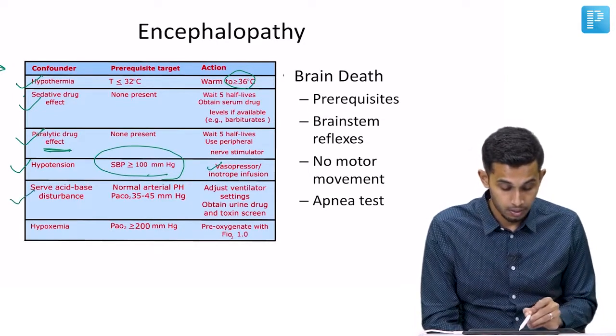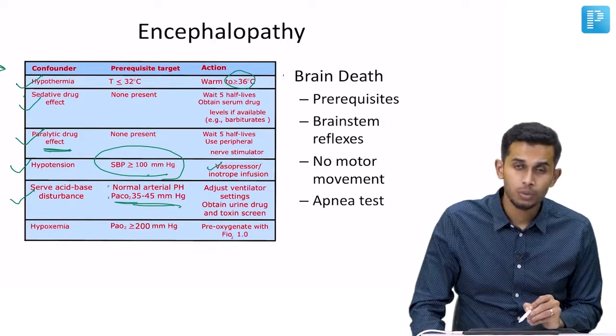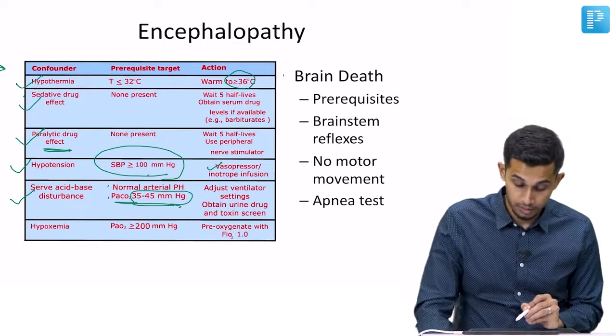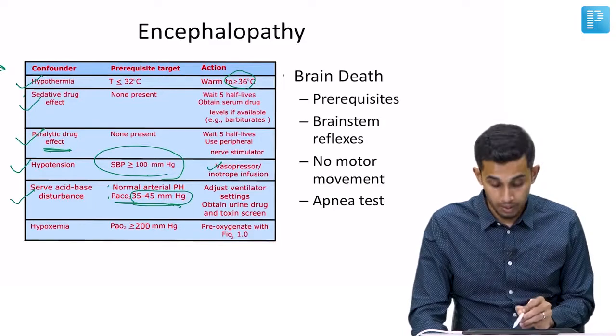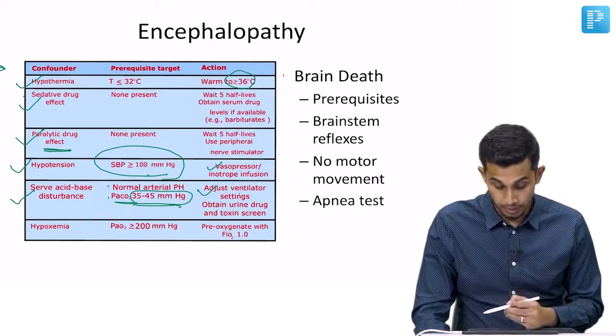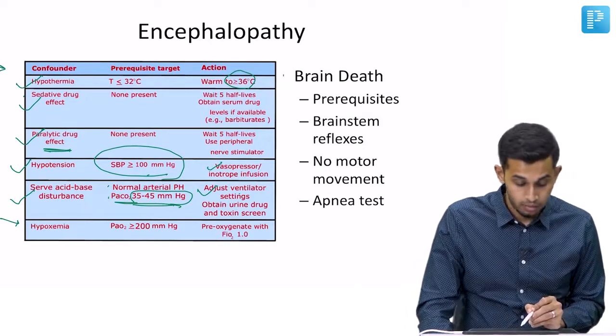Next, the arterial pH should be normal, and PaCO2 in the ABG should be 35 to 45. How can it be done? Basically, we can manage it with the ventilator settings. Next, hypoxemia should not be present.